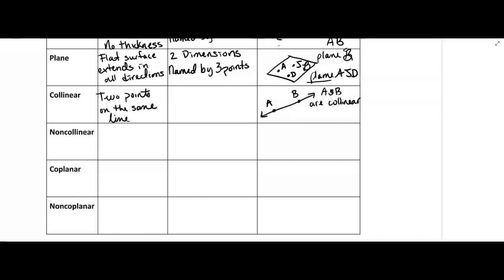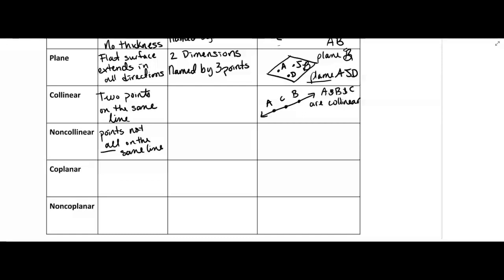But sometimes you can have a third point. So for instance, C. A, B, and C maybe aren't collinear. But let's say A, B, and C here, these 3 are collinear. So I could add C here. A, C, B are collinear. They could all be on the same line. Whereas non-collinear are points not all on the same line.